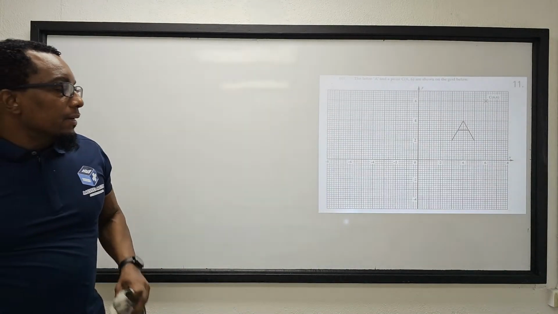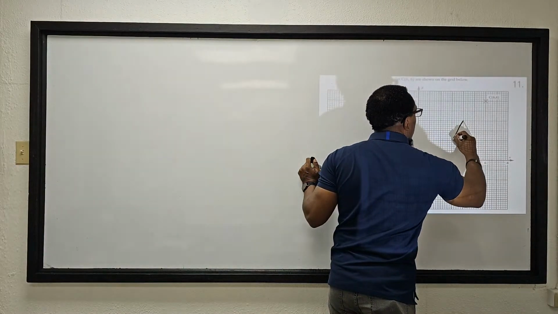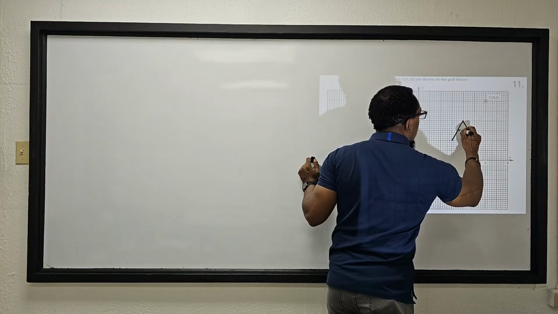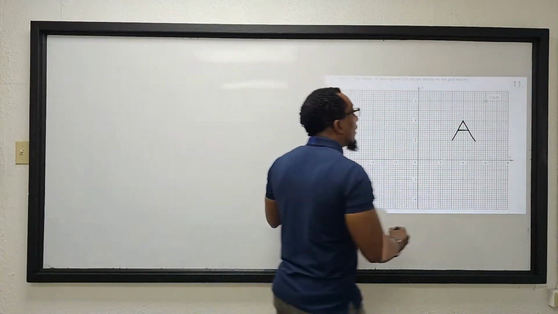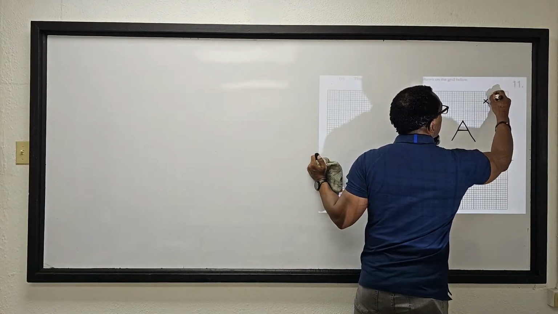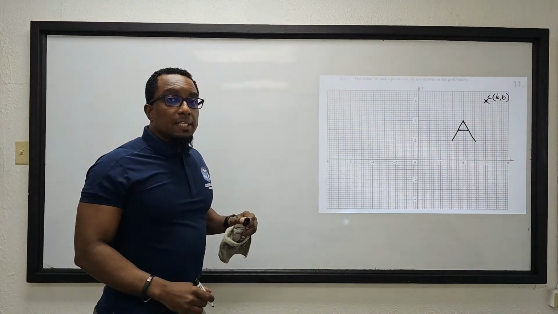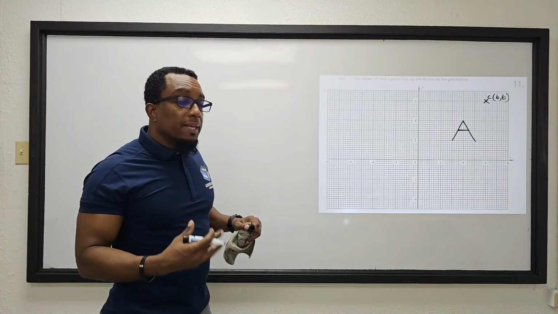Right, so we have here capital A, and we have our center of enlargement, C, whose coordinates are 6, 6. So that center of enlargement is not at the origin, so remember your center of enlargement is not always at the origin.